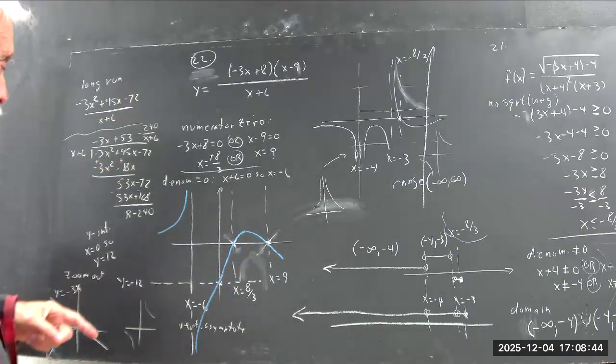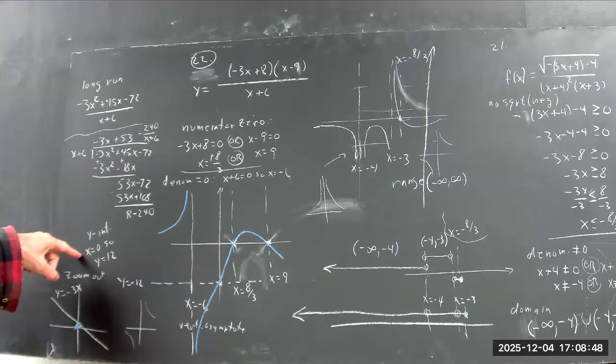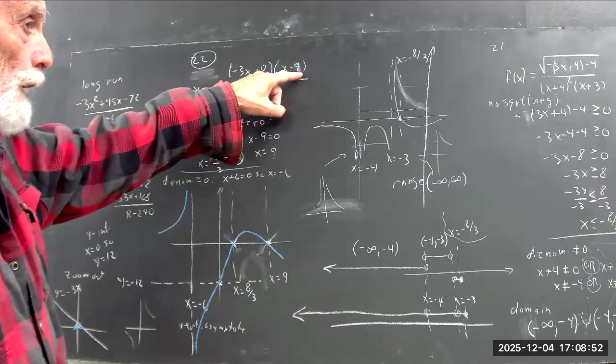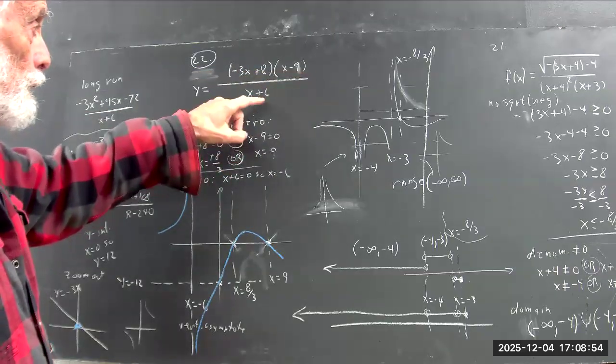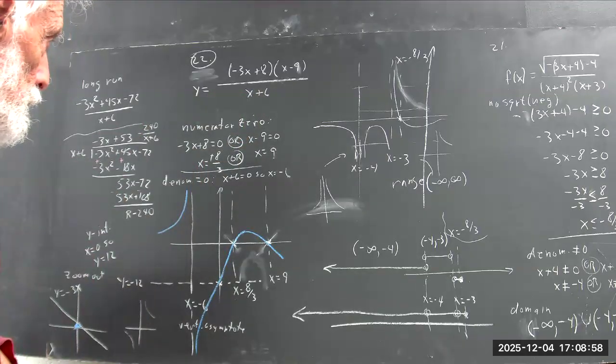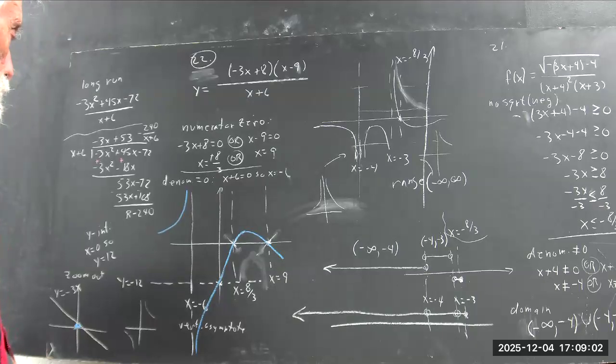You have a y-intercept. You let x equals 0, and you're going to just get 8 times negative 9, which is negative 72, over 6, which is negative 12, sorry.